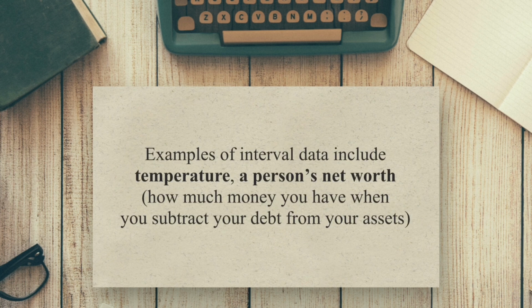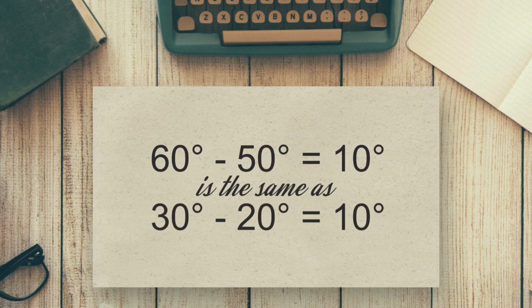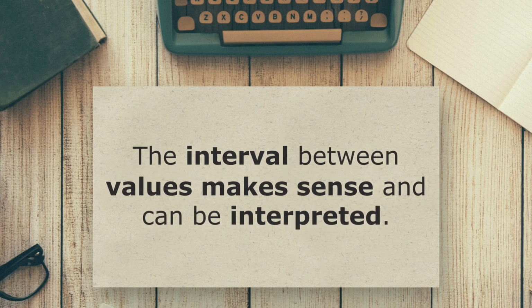Examples of interval data include temperature, a person's net worth, just like how much money you have when you subtract your debt from your asset. In temperature, this may be illustrated as the difference between a temperature of 60 degrees and 50 degrees. It is the same as the difference between 30 degrees and 20 degrees. The interval between values makes sense and can be interpreted.